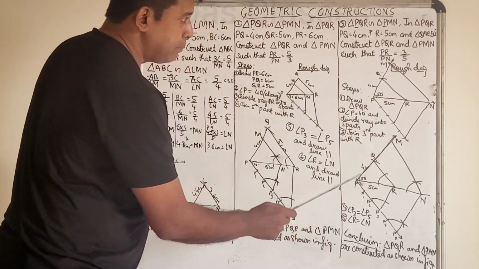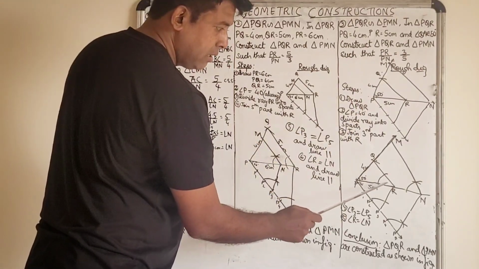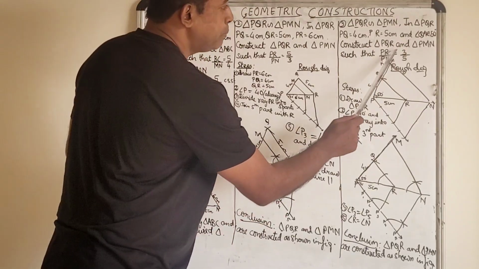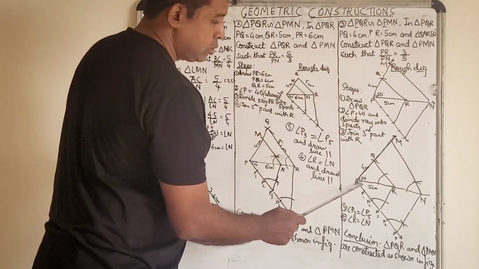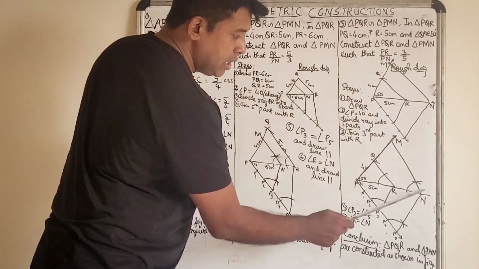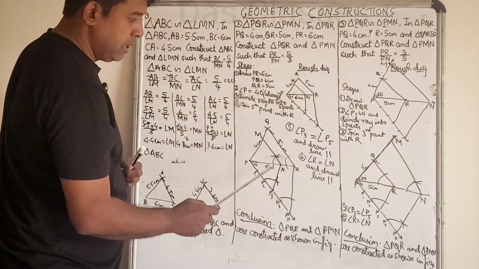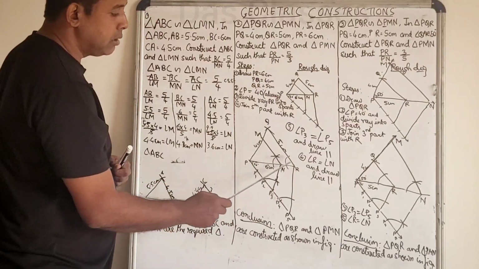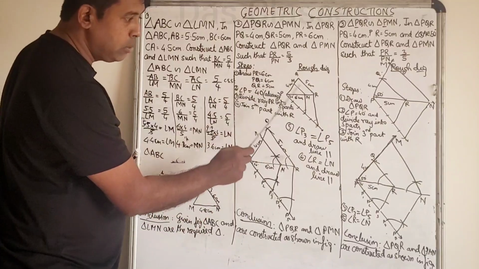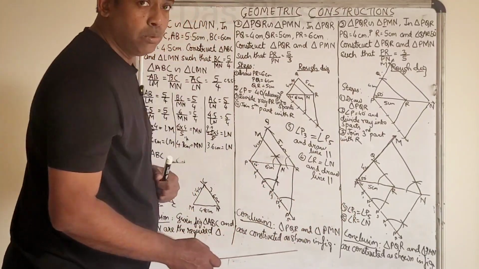And in this example, the triangle given is on the inside because it's a smaller triangle. How do I know this? Because PR is the smaller value 3, so it is coming inside, and our other triangle PMN is drawn outside. So this is the difference in these two figures: in this case the triangle we are drawing comes inside because it is a smaller value, and here the triangle comes outside because it's a bigger value.